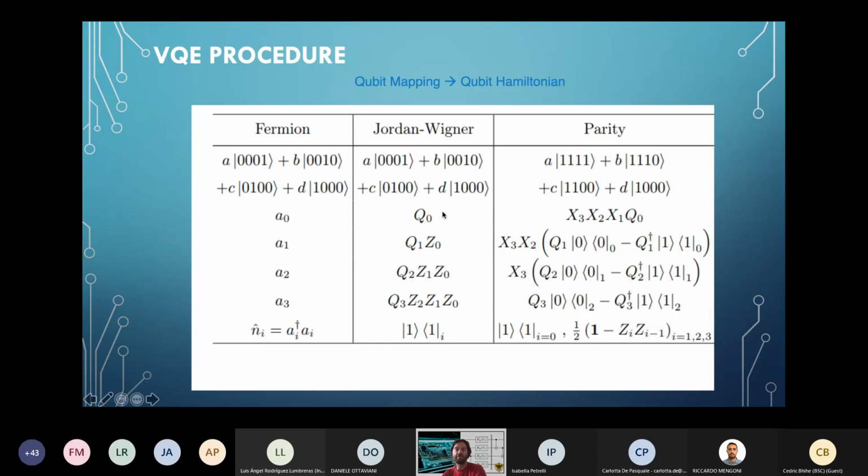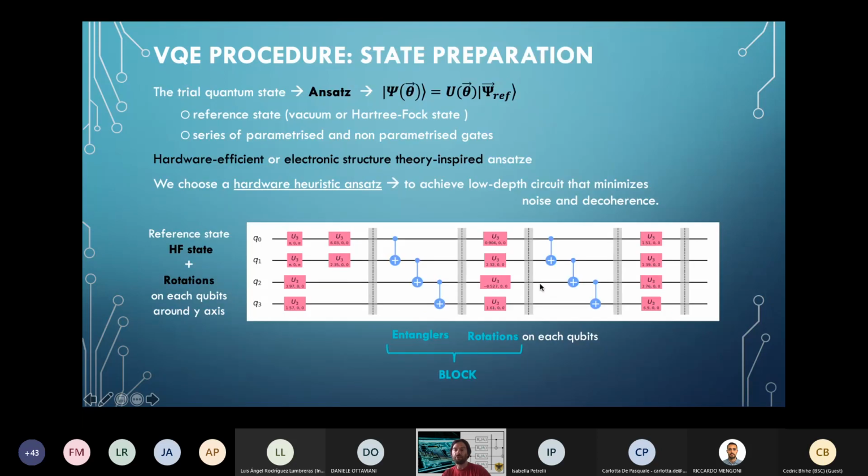In the Jordan-Wigner mapping, you have a mapping where the 1 and 0 represent the occupation of the orbitals, but you can, in principle, use other mappings in order to create your own qubit Hamiltonian.